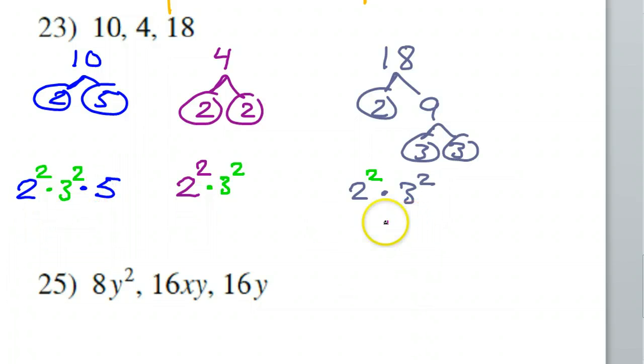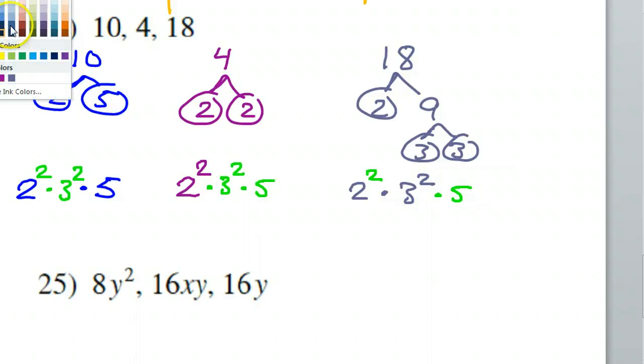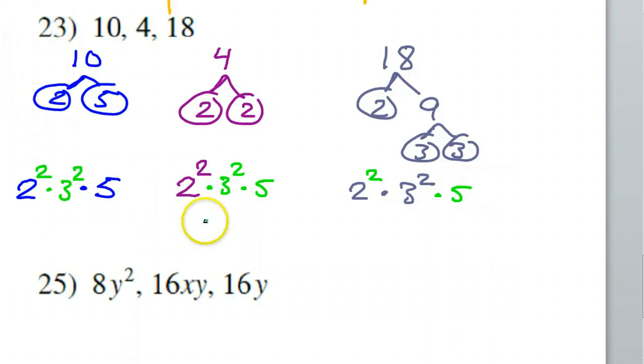Now let's deal with the 5's. This has a 5. This one doesn't have any 5's, so I give it a 5. This one doesn't have any 5's either, so I give it a 5. Now see how they're all the same? 2 squared, 3 squared, 5. They're all the same. So that means we have found the LCM, the least common multiple.